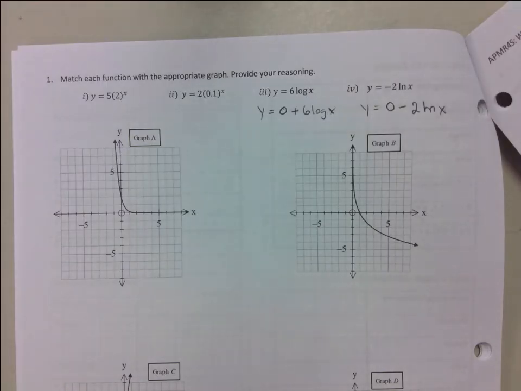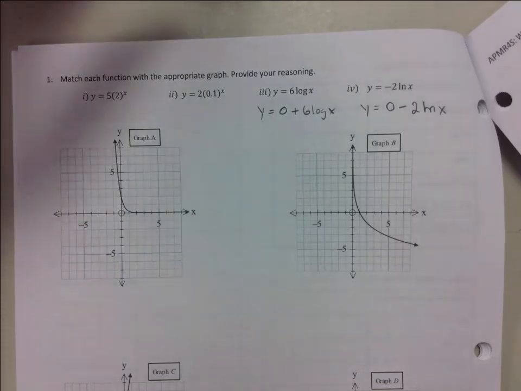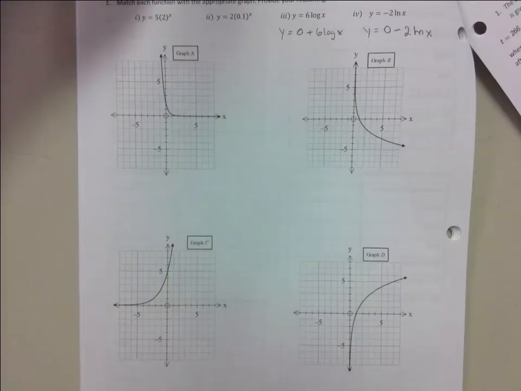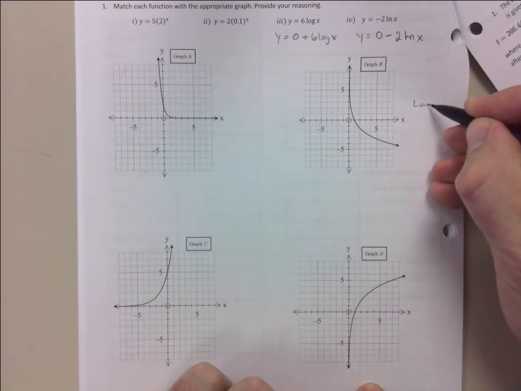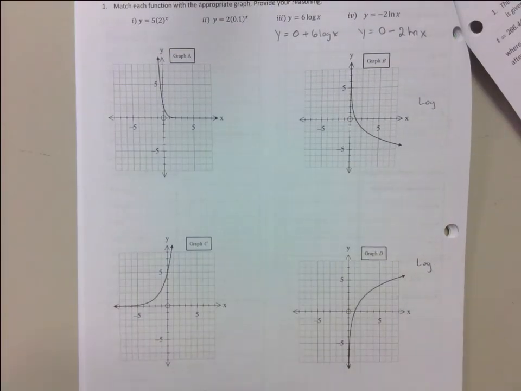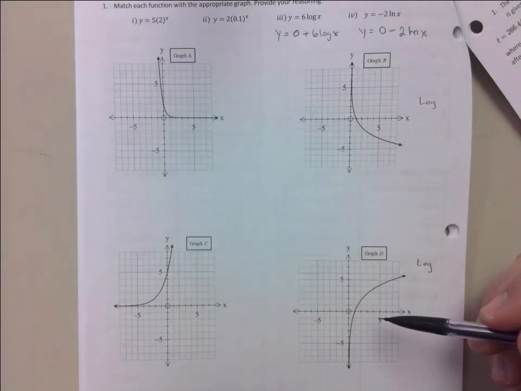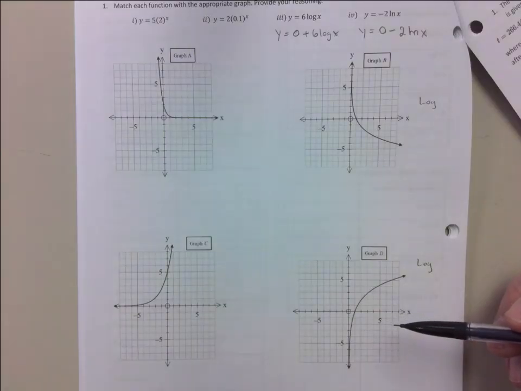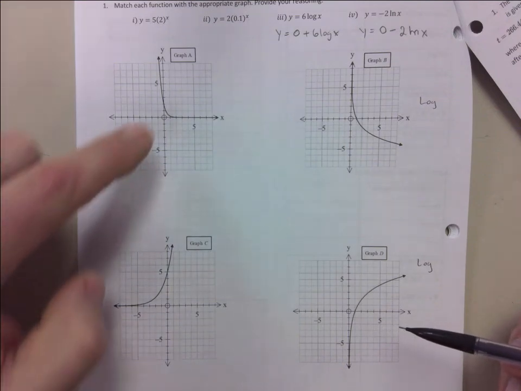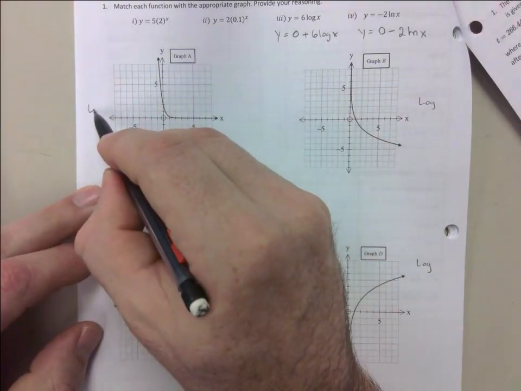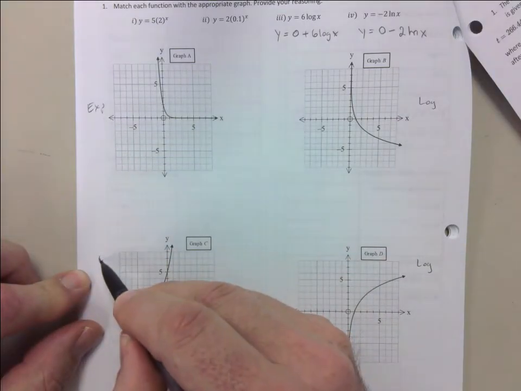Okay, let's see here. I don't know how you approach this, but I looked at all 4 and I realized right away that this has to be a log and this had to be a log, right? Because I can't have x-intercepts with exponentials, right? And these ones cross it, so logs, logs, which means that these two are exponential, exponential.